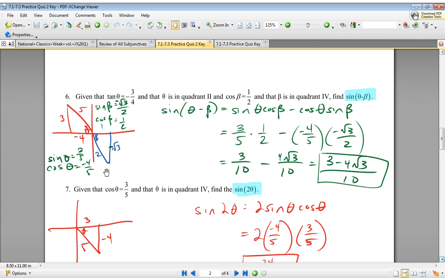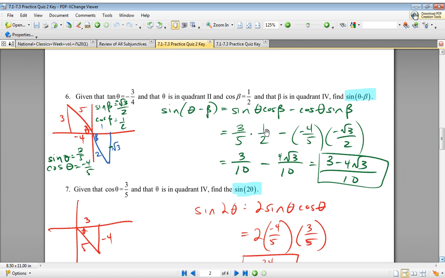Hypotenuse is always positive. Once you have that, they told us do sine theta minus beta. Well, that formula is sine theta times cosine beta minus cosine theta times sine beta. Sine of theta, we go to the theta triangle. We find sine, and that is 3 over 5. Sine of theta is 3 over 5. The sine does not come along.